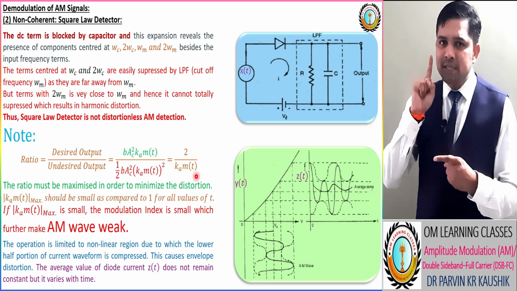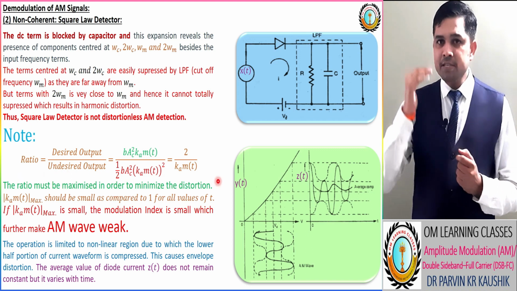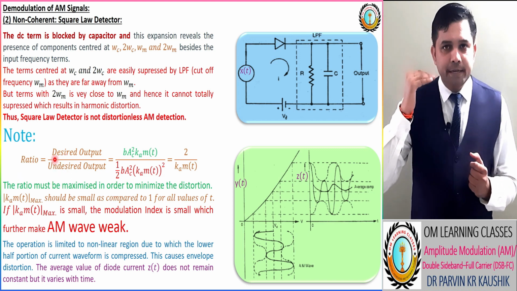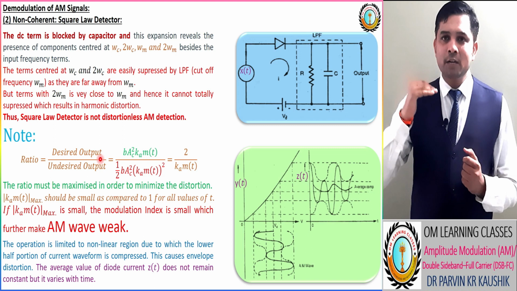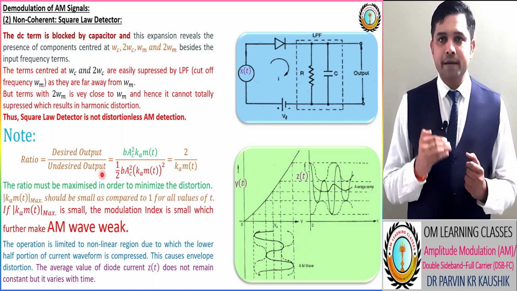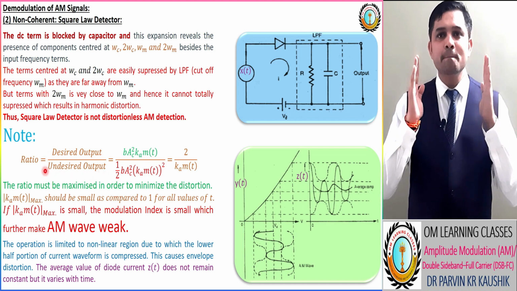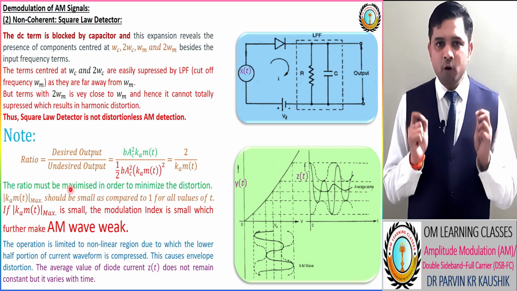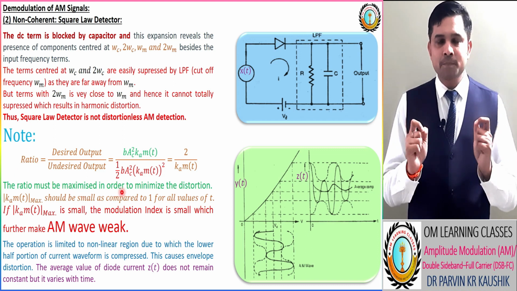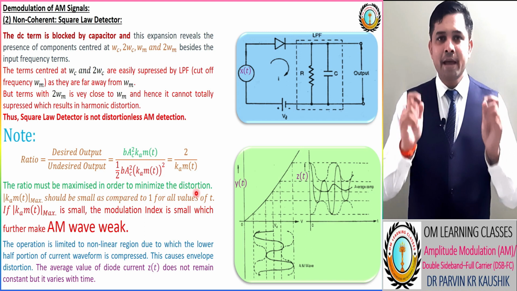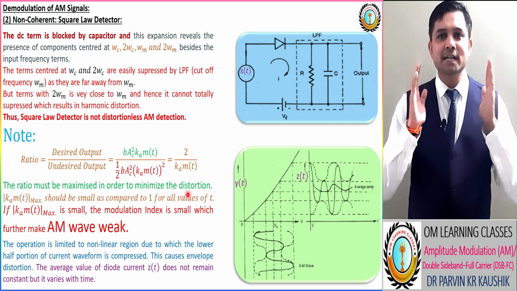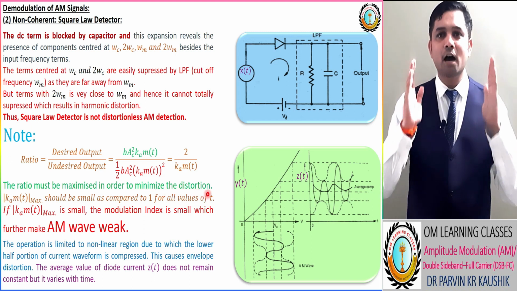As per this ratio, which has the numerator as the desired component and the denominator as the undesired component, it must be maximized for optimizing the output and minimizing the distortion in the detected output.